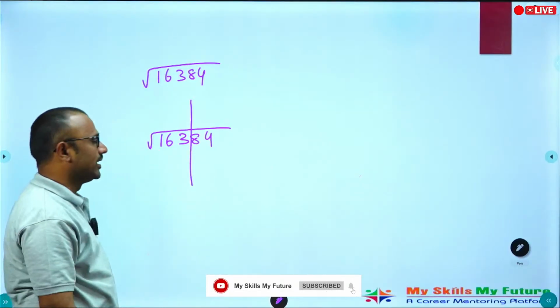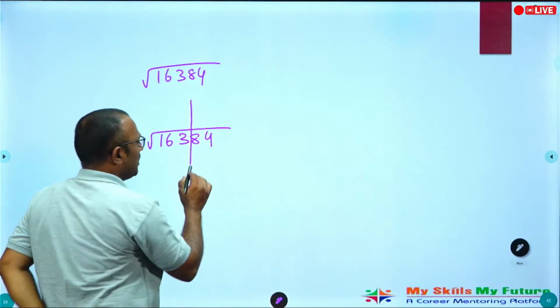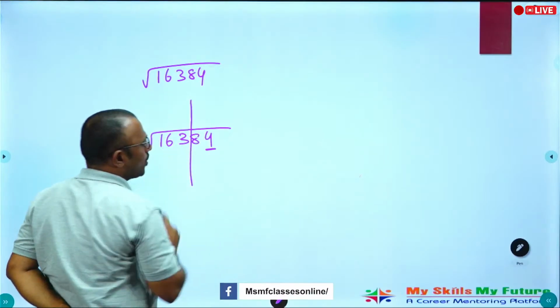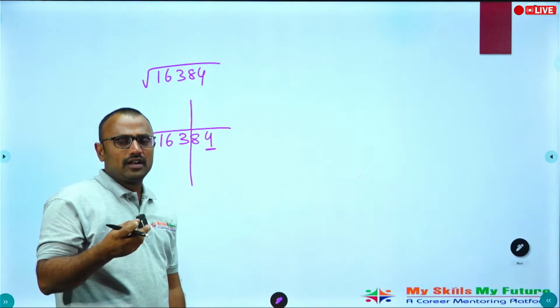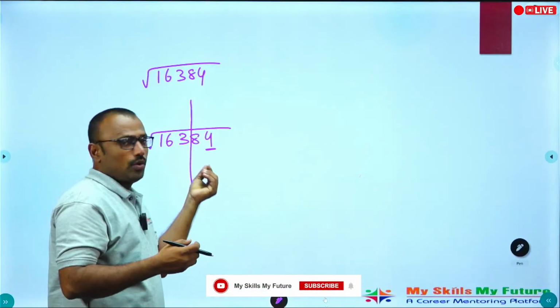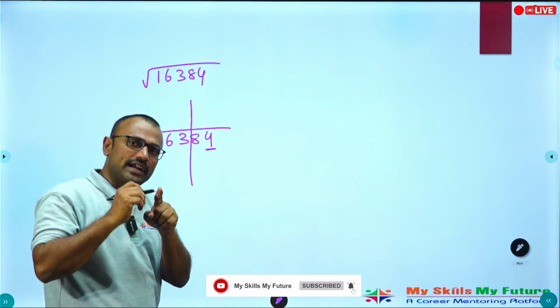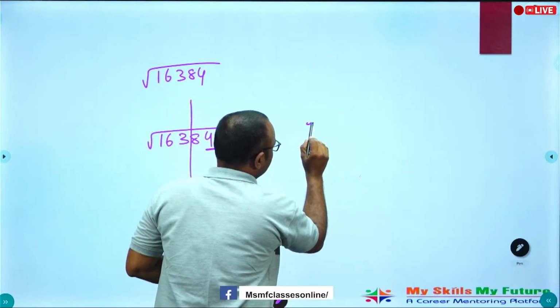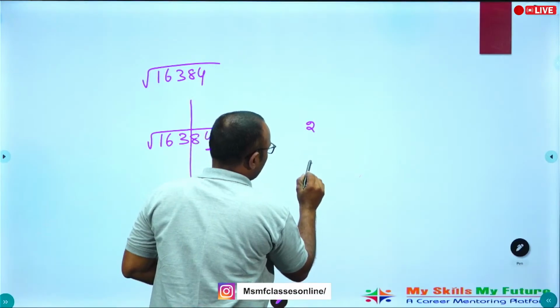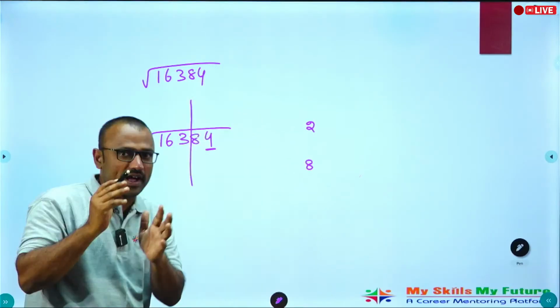What is the unit digit here? 4. A number having unit digit 2 or 8 has a square ending with 4. Why?